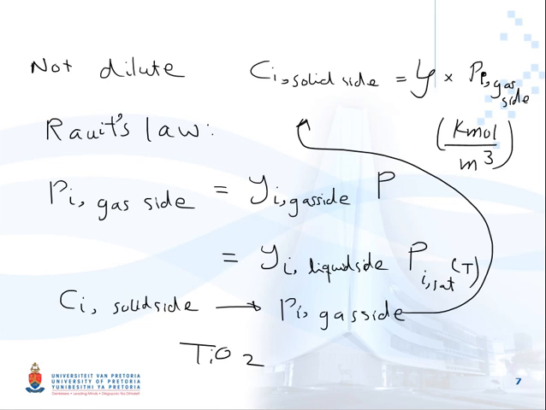The product of solubility of a gas and the diffusion coefficient of the gas in a solid is called permeability.